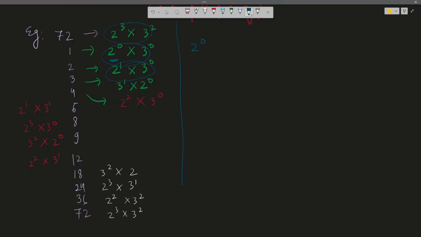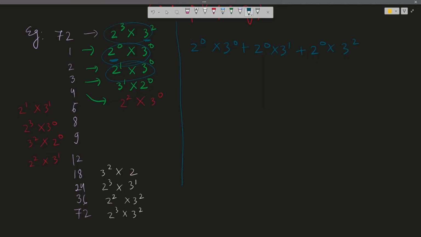So 2 to the power 0 into 3 to the power 0 plus 2 to the power 0 into 3 to the power 1 plus 2 to the power 0 into 3 to the power 2, and stop here, because the highest power of 3 in 72 is 2, and we cannot exceed the power of 3 by more than 2.